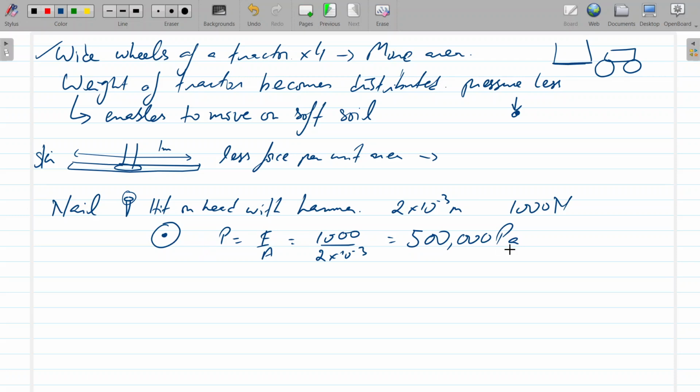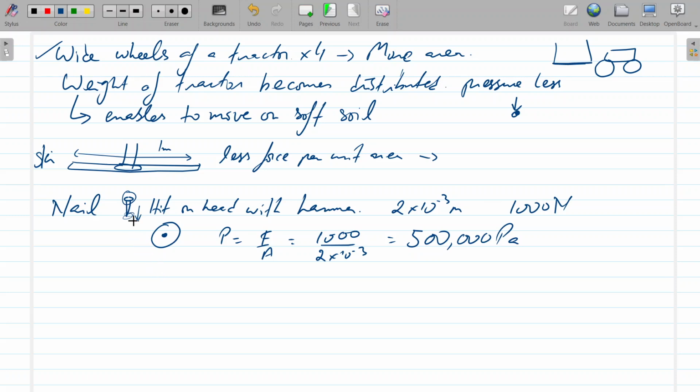Why? Because the pressure is less, because there's more area. Over here, the kinetic energy from the movement of the hammer is being transferred to the head of the nail, which is being transferred to the point. The pressure is being transferred, and then the nail is being driven into the wall or the furniture.